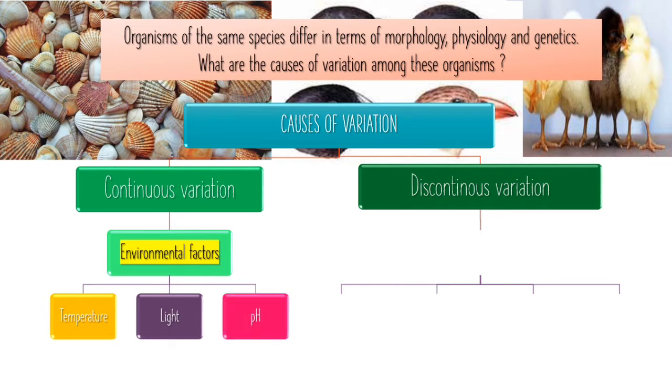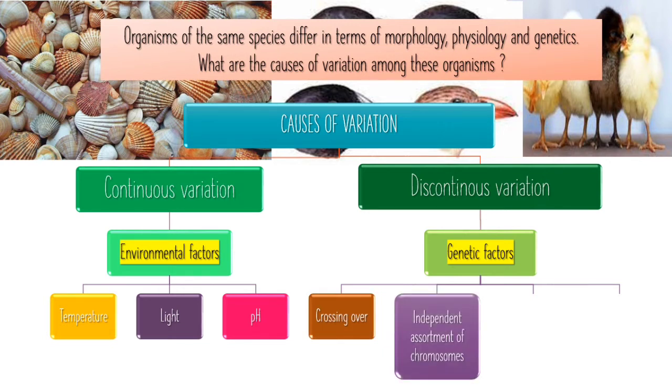Discontinuous variation is caused by genetic factors. Crossing over, independent assortment of chromosomes, random fertilization, and mutation are the genetic factors that can cause discontinuous variation.